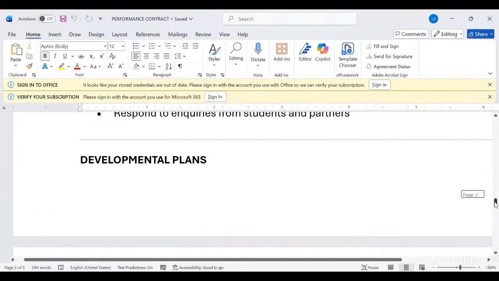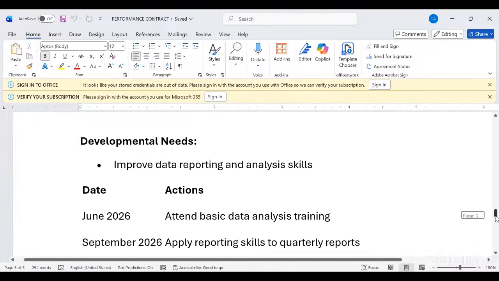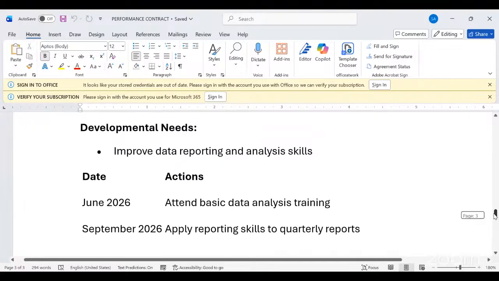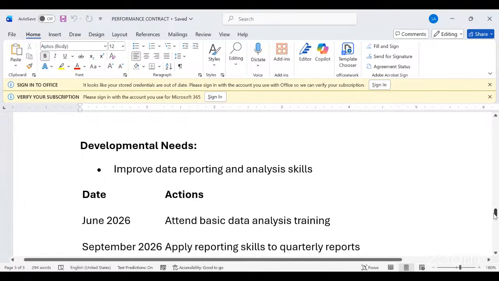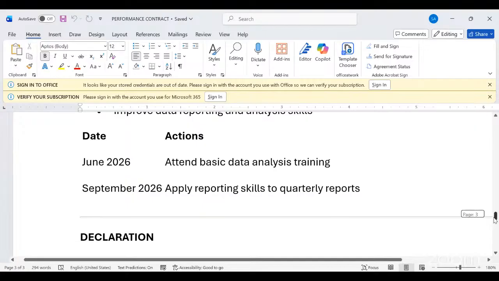Then the developmental goals. There are specific actions that this employee is required to undertake. The developmental need of the employee is to improve data reporting and analysis skills, and that will be done by attending basic data analysis training and applying reporting skills to the quarterly report.